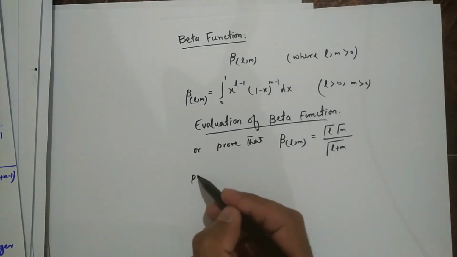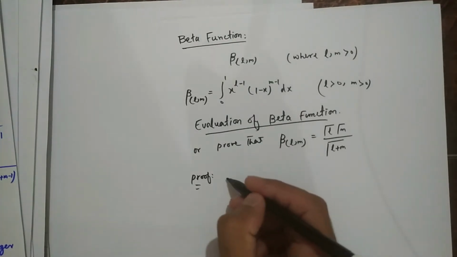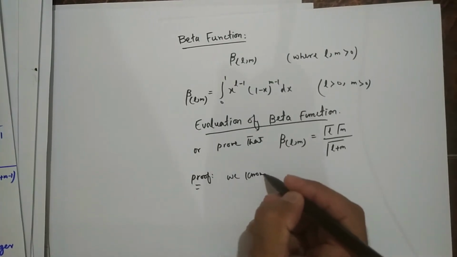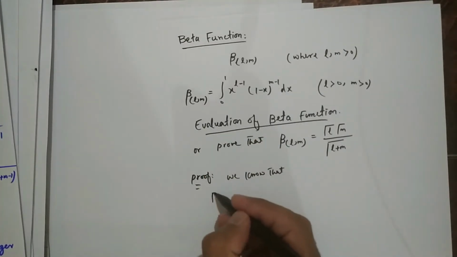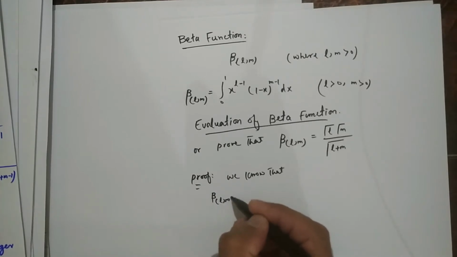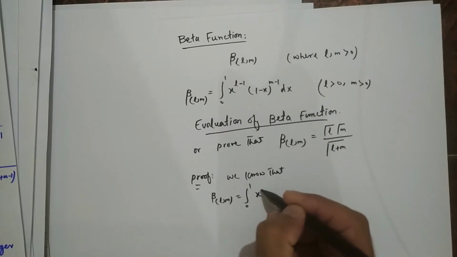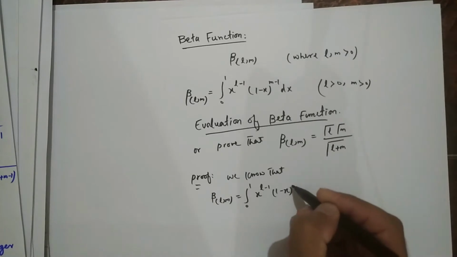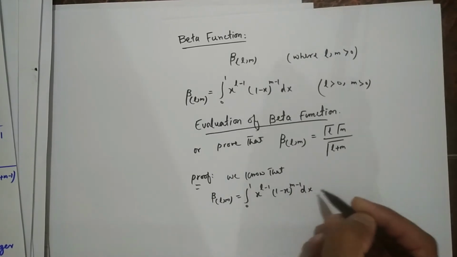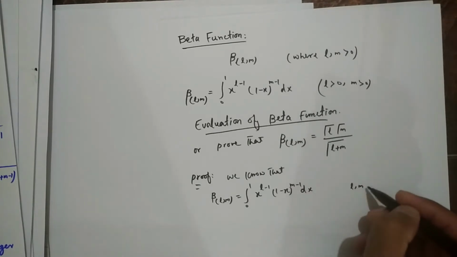So here is the proof. We know that by the definition of beta function, beta(L, M) can be written as the integral from 0 to 1 of x to the power L minus 1 times 1 minus x to the power m minus 1 into dx, where it should be remembered that L and M both are real numbers.